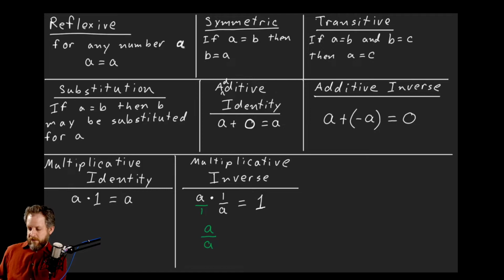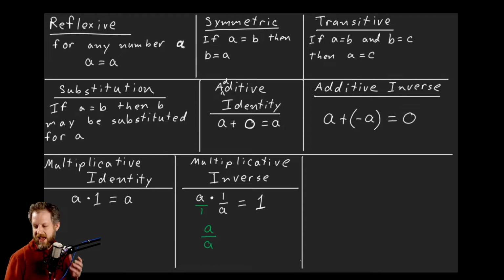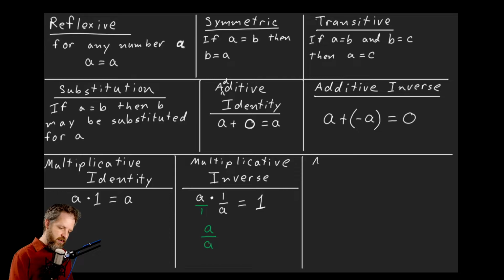One last property before we do a few examples, okay? This one is nice and clean, and it is the multiplication property of 0. And this one you probably have seen before. In fact, a lot of these you've probably seen before.